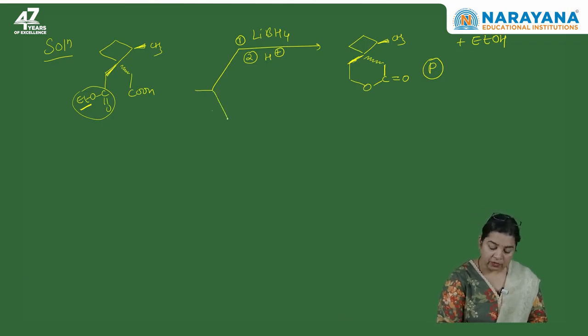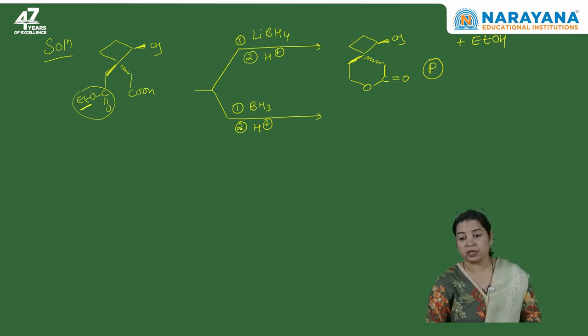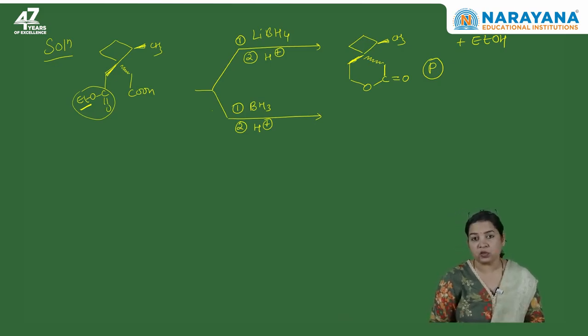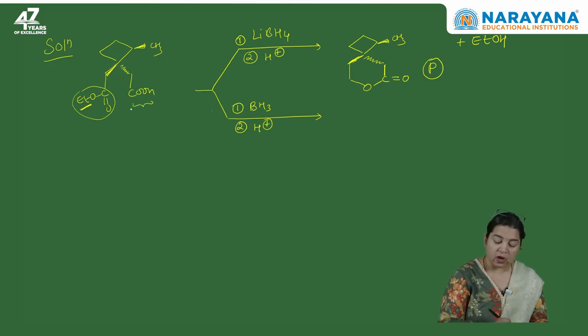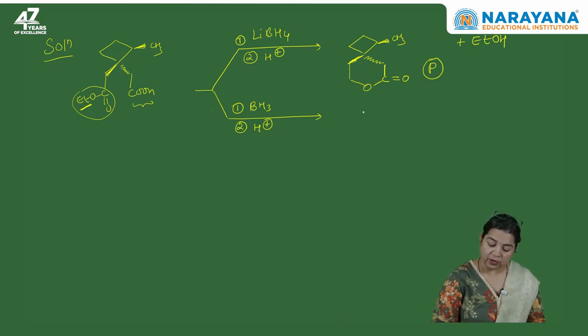The other set of reaction is BH3 as a reducing agent and then again H plus. Again, go back to NCERT reading. NCERT says BH3 is one of the best possible reducing reagents for carboxylic acid. It will not reduce ester or nitro or other functional groups with ease, or for practical purposes not reduce at all.